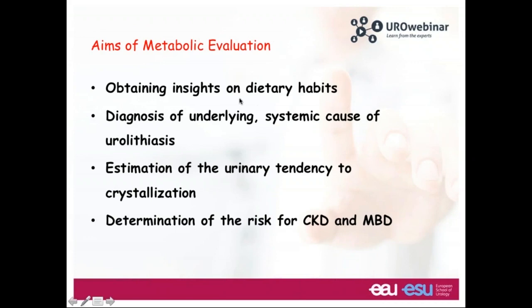Second, we have to diagnose systematic causes of urolithiasis. Third, we have to estimate whether a particular patient has a higher tendency to crystallization. And we have to determine whether the patient is at risk for chronic kidney disease or metabolic bone disease, because there is a correlation between stones and metabolic bone disease.